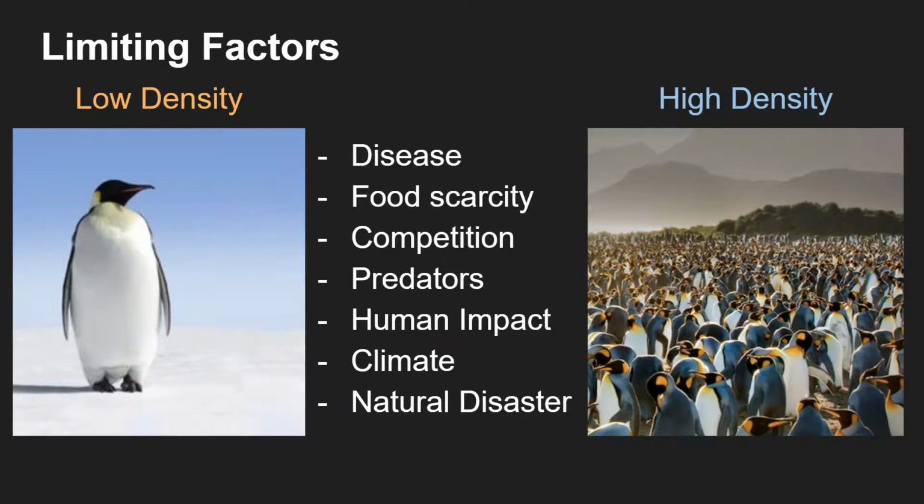We tend to see that when you have higher competition, this population on the right is going to suffer more as a result. And then finally, with predators. Let's say there was a polar bear right here. This polar bear were to come up, eat this penguin, it has no chance. The penguin's dead.